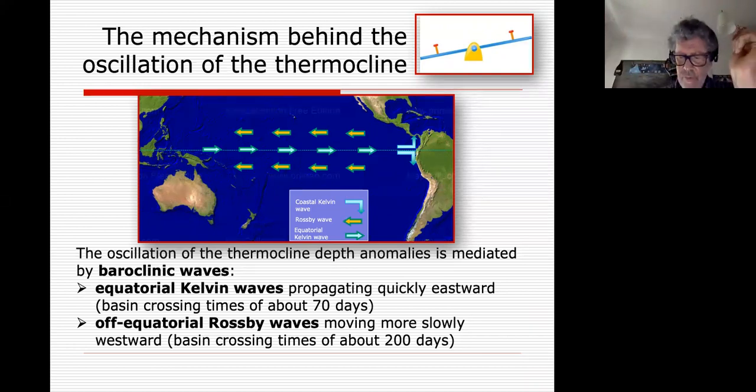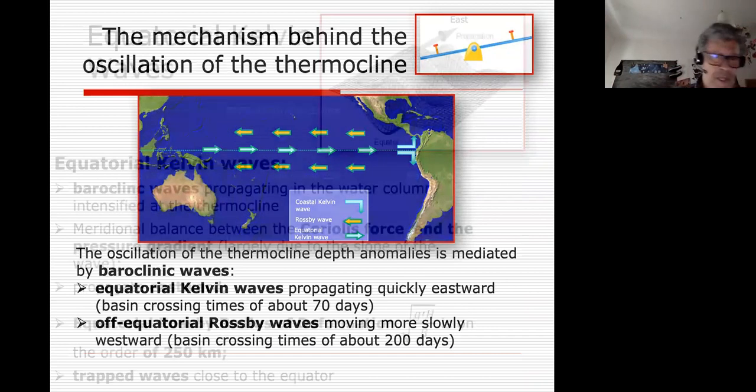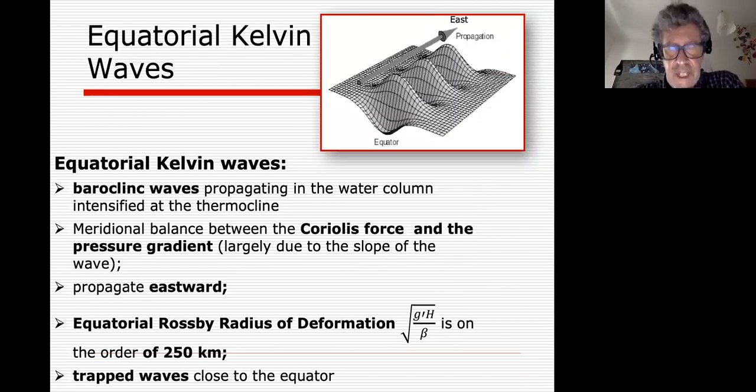I would like to refresh a bit the characteristics of equatorial waves. You may have already touched this topic in Ricardo's lecture, but it's not bad to go back and refresh our idea on that.